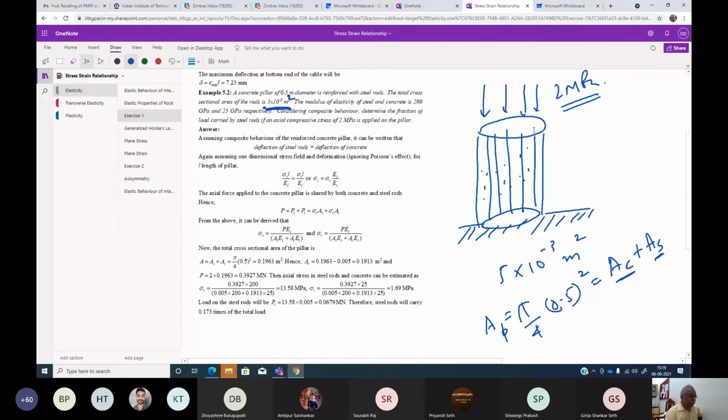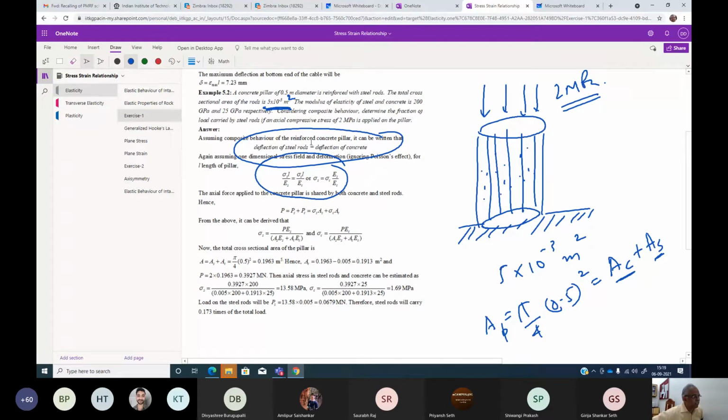Now, the assumption we are making here is that the deflection of the steel rods is equal to the deflection of the concrete. That means the deformation happening in the steel rod will be the same. Otherwise, what will happen? If the deflection of the concrete is more, then it will become uneven. So it will not happen.